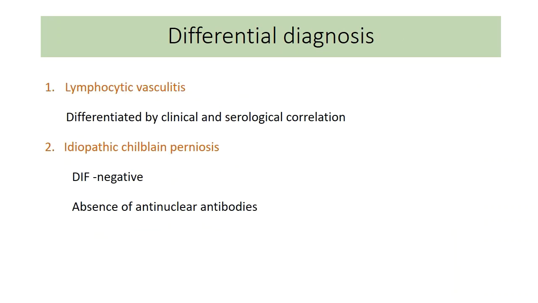The differential diagnoses are lymphocytic vasculitis, which will be differentiated by clinical and serological correlation. The second differential diagnosis is idiopathic chilblain pernio. Here the DIF findings will be negative and there is absence of antinuclear antibodies.